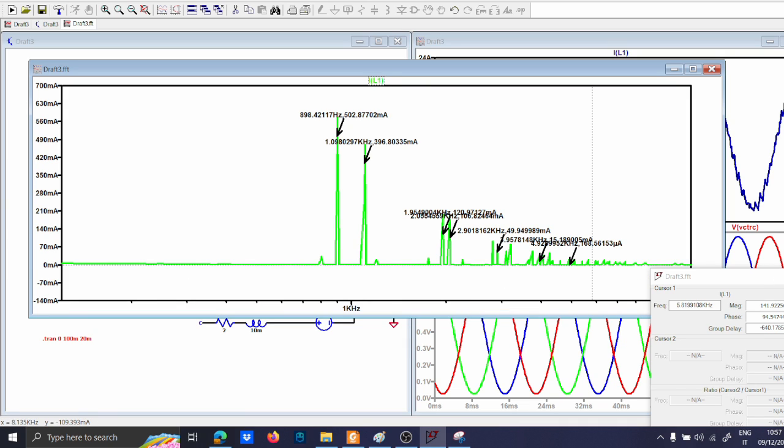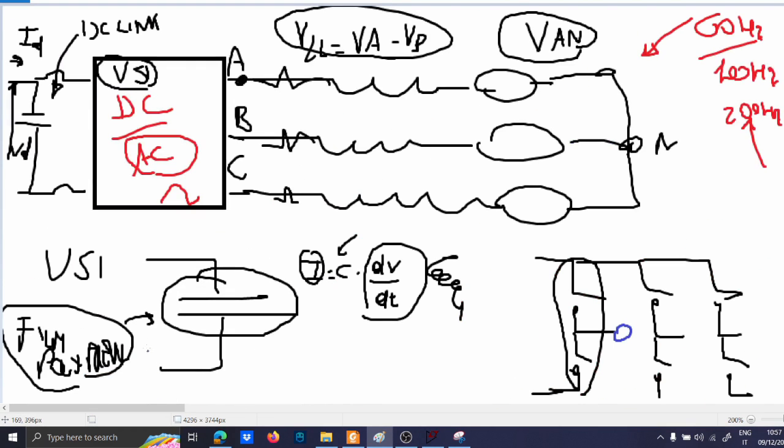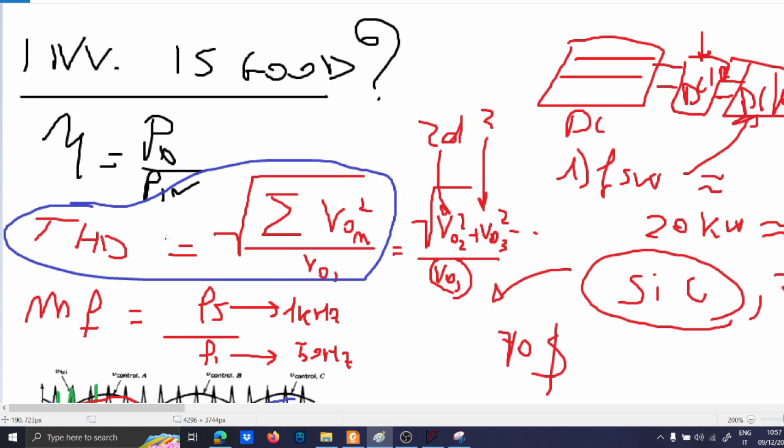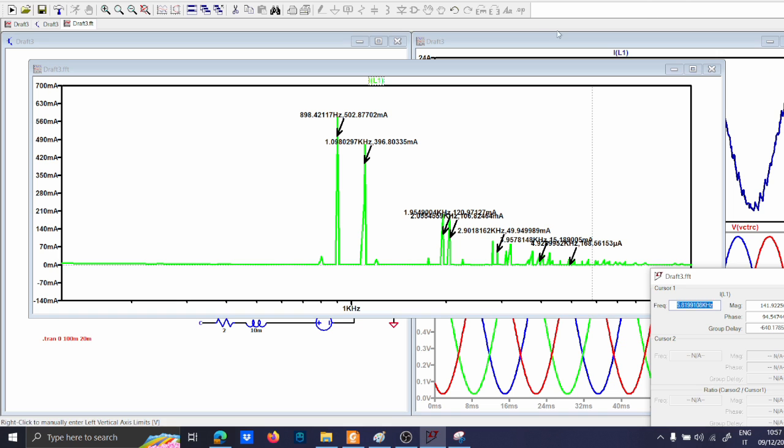The only thing left to do is to actually study the parameter which I told you about at the beginning, which is this. This is the total harmonic distortion factor, and this is calculated automatically by LTspice with a command which is called .four.